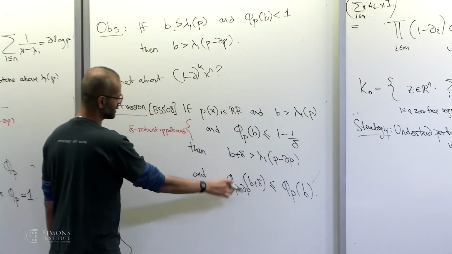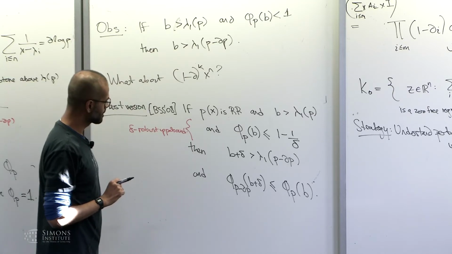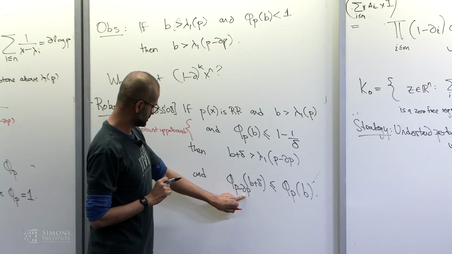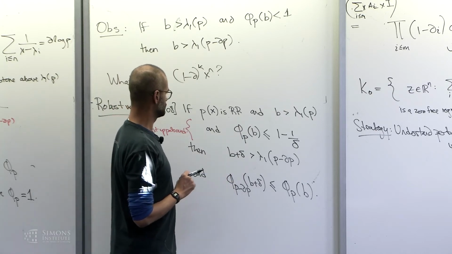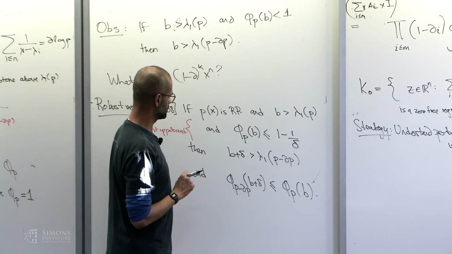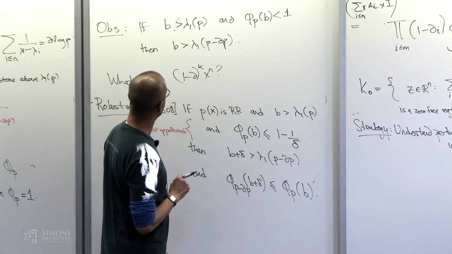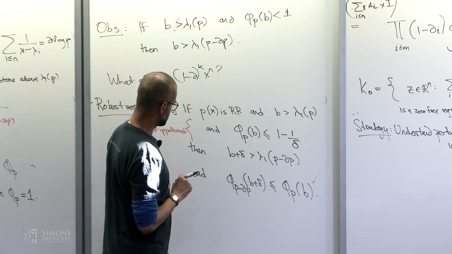And this statement doesn't say anything about the barrier function. But the second one then doesn't say anything for large delta? This? No, the one above. Yeah, for large delta it doesn't say anything. Okay, I think it's fine. If delta is large, then you cannot say anything.